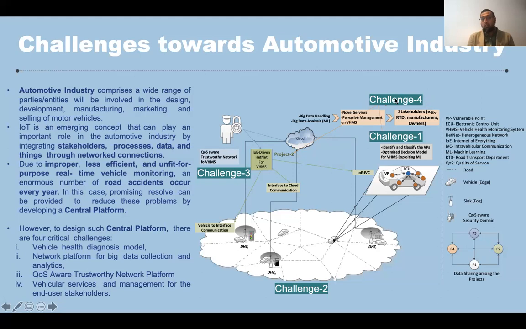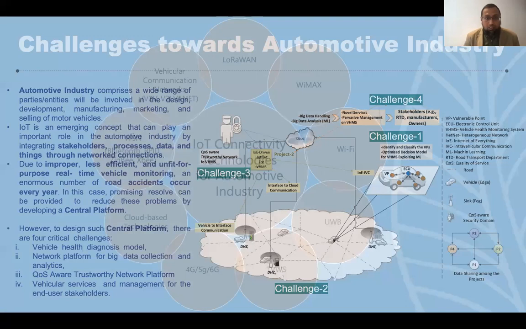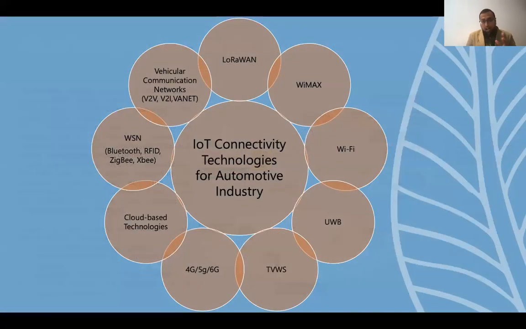That would be another level of challenge. So from this slide, the message I am trying to give you is that there are a lot of opportunities you can highlight if you want to work in the automotive industry. Now I will talk about IoT connectivity technology for the automotive industry.